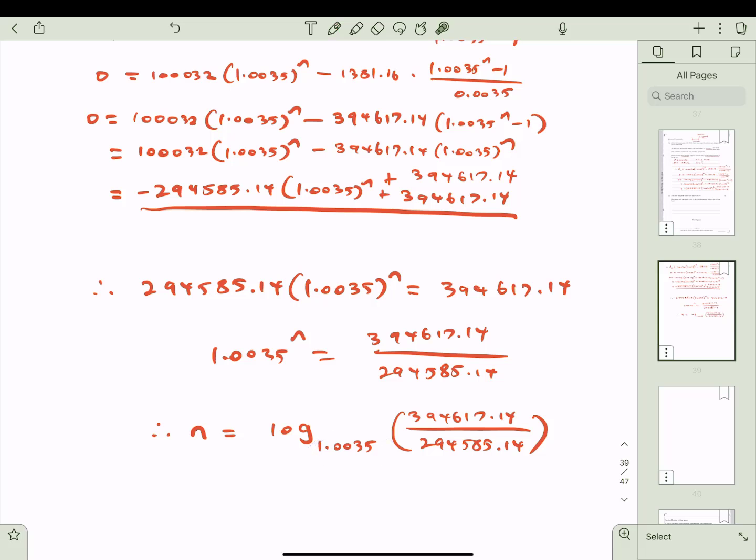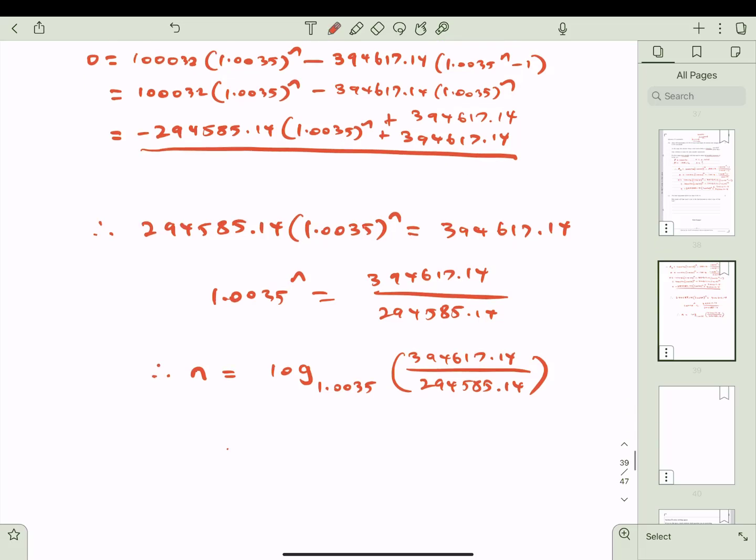Now, when we use our calculator, we are unfortunately not able to choose the base. So our calculator only has base 10 and base e. So what that means is we're going to have to use the change of base logarithm law. So therefore, this is going to have to simplify into ln. So putting this into our calculator as well, because we cannot be bothered to write this down anymore. When we put this into our calculator, this fraction should now become ln 1.339569 over ln 1.0035.